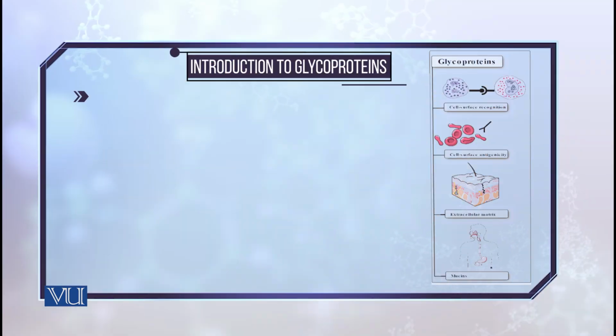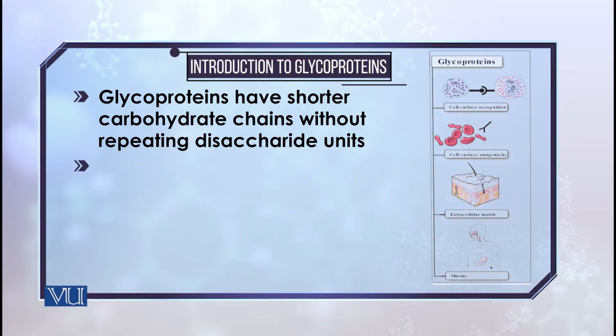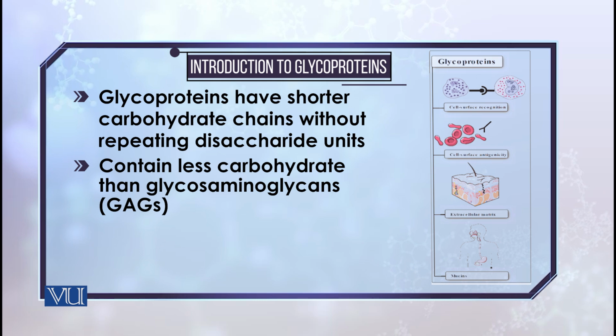In that sense, they differ from the proteoglycans, because in proteoglycans the GAG chain, the glycosaminoglycan chain, is quite longer, quite large, because it's made up of almost 200 carbohydrate residues. While on the other hand, here we have an oligosaccharide chain which is made up of around 2 to 10 residues of sugar. So in that sense, they are quite smaller.